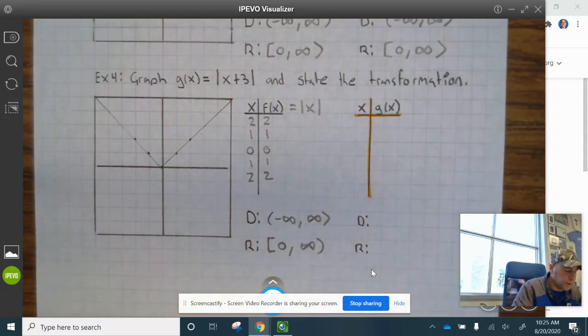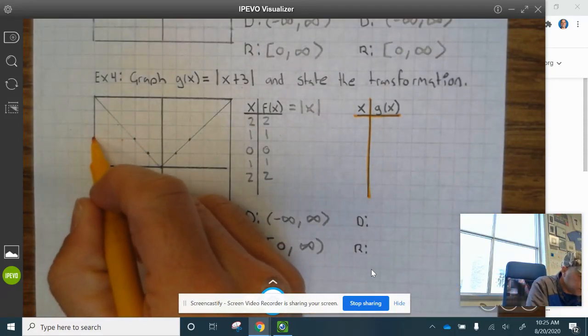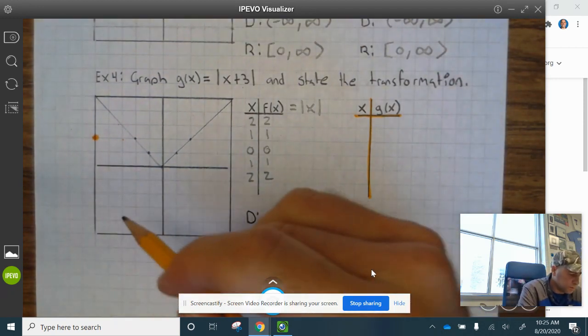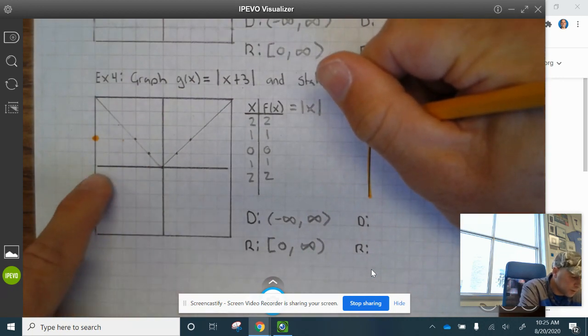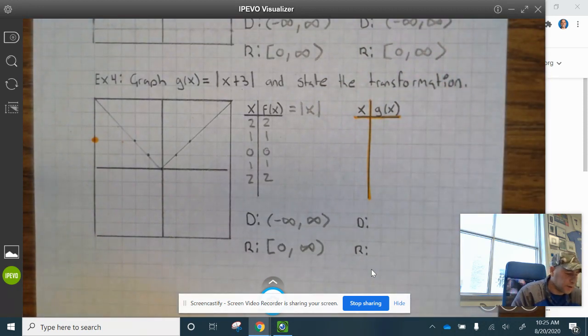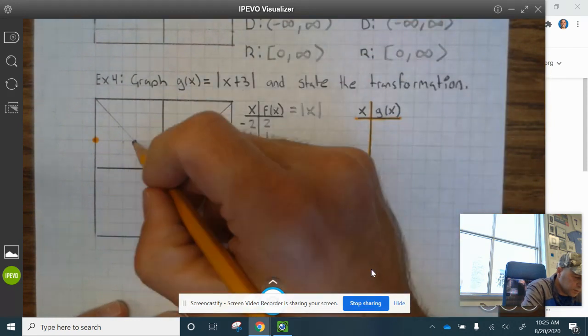Okay. So now we're going to move each of these points left 3. So 1, 2, 3. And so that point is now 5, 2. Oh, no, I'm sorry. Let me take a step back. I made a mistake here. This point right here is negative 2, 2.